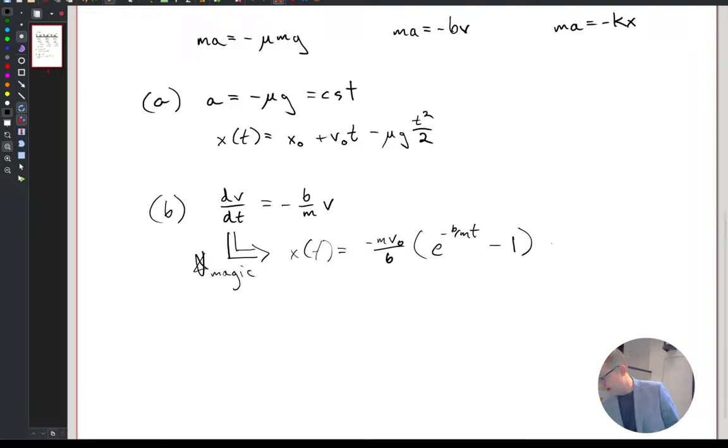But in general, shouldn't you have a plus x0 over here? Yeah, I'm curious. We can do that. I'm curious if you're supposed to. Because really, I know it doesn't matter here, really it's x of t minus x0 equals that. Because we end up with an integral of dx from x0 to x of t.